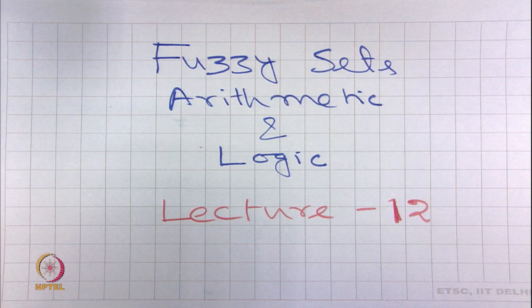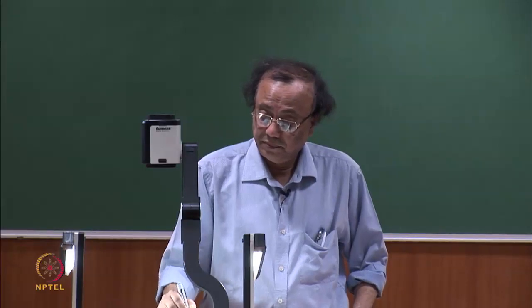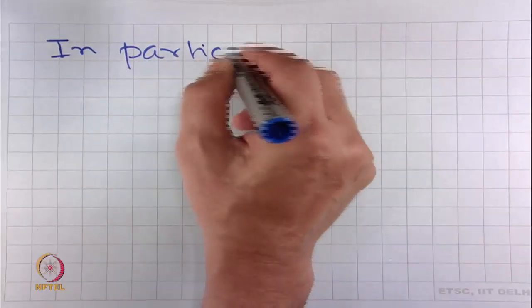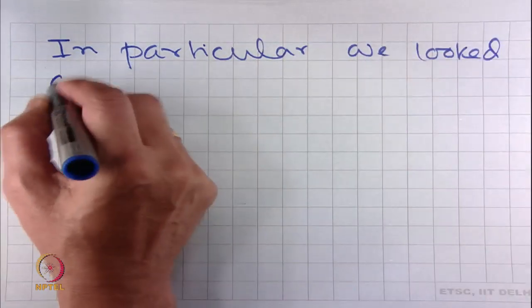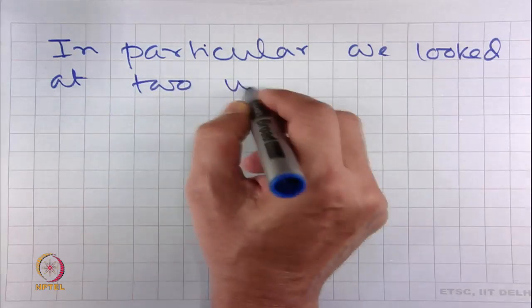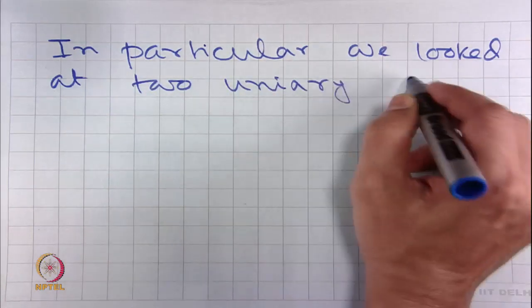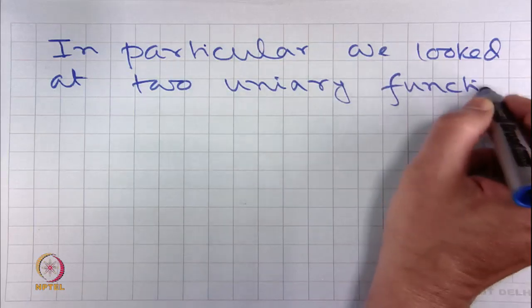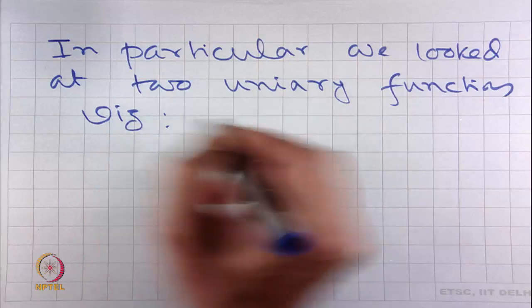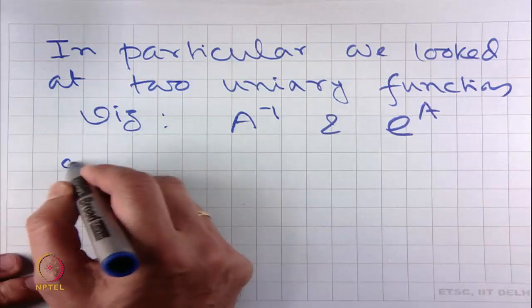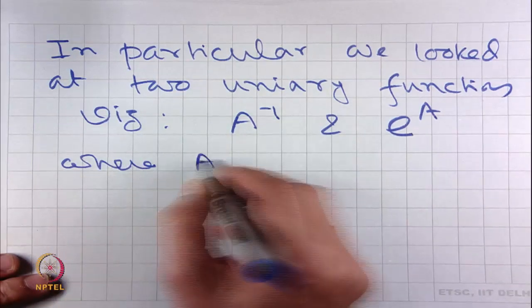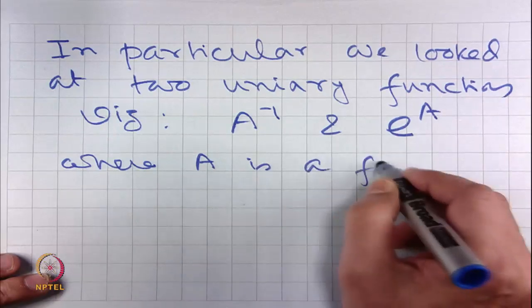In the last lecture, we started discussing linear approximation of fuzzy numbers. In particular, we looked at two unary functions, namely A inverse and e to the power A, where A is a fuzzy number.